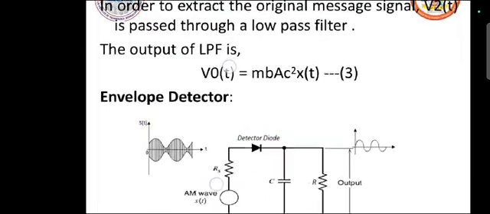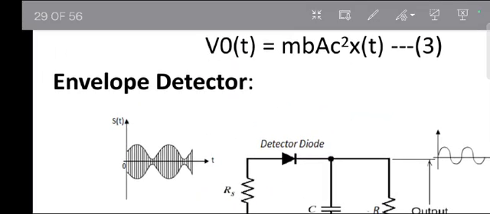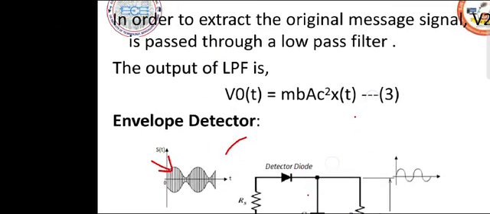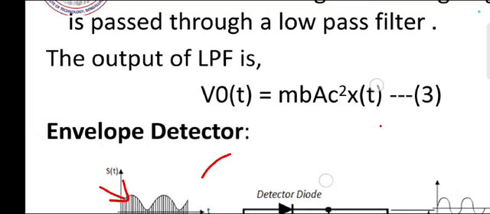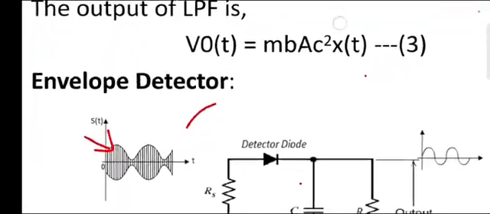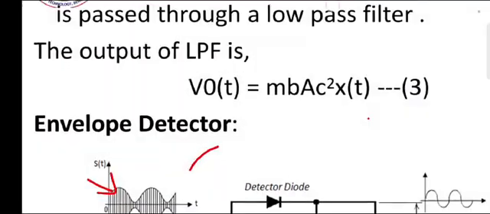If you observe this wave, initially during the very first positive half cycle, you can expect the capacitor to charge to the peak value. Let me use a pen here.